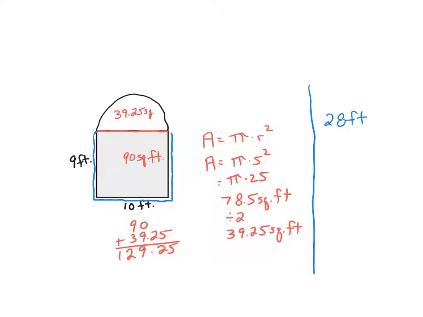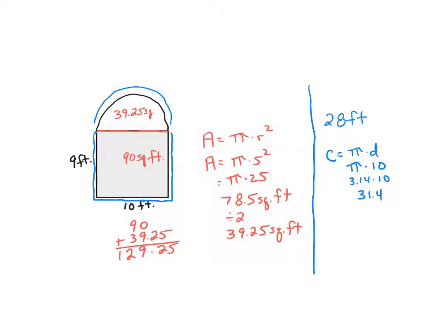Now I need to find the distance around this half circle. I'm going to use the circumference formula. Circumference is pi times the diameter. The diameter of that is 10 feet, so it would be pi times 10. Pi is 3.14 times 10, so it would be 31.4.